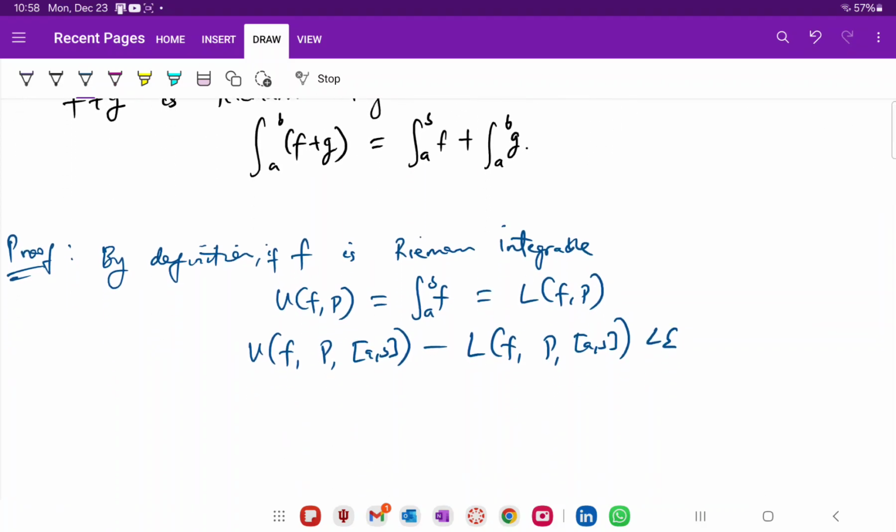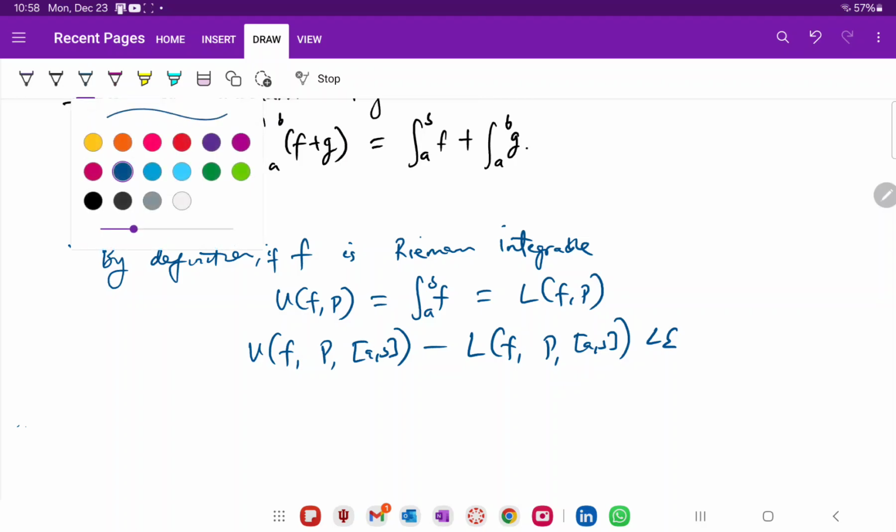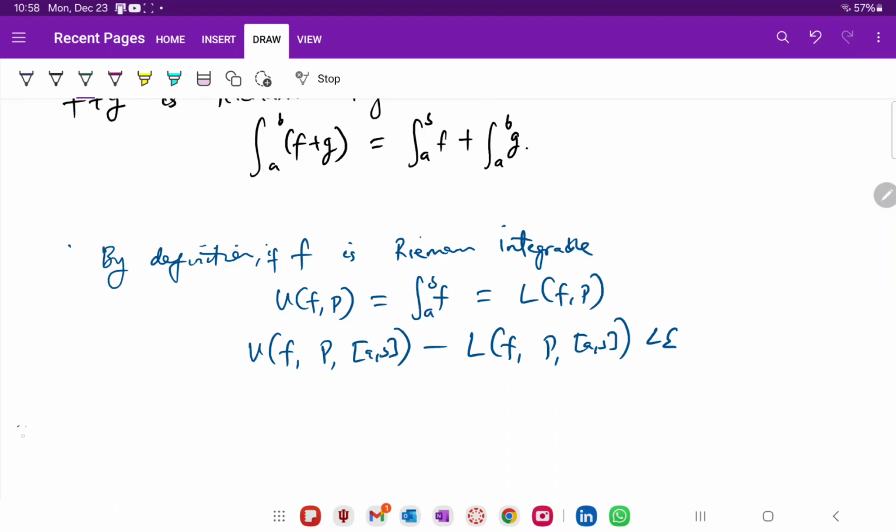Then let's take our proof from here. That is just facts. Then let's start the proof properly.